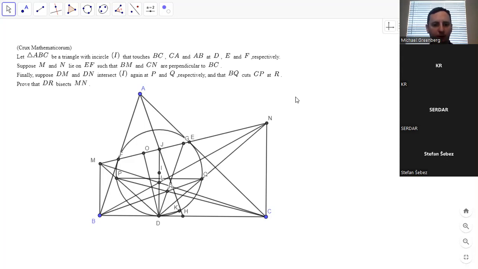Okay, so PQ is parallel to BC. We want to show DR bisects MN.